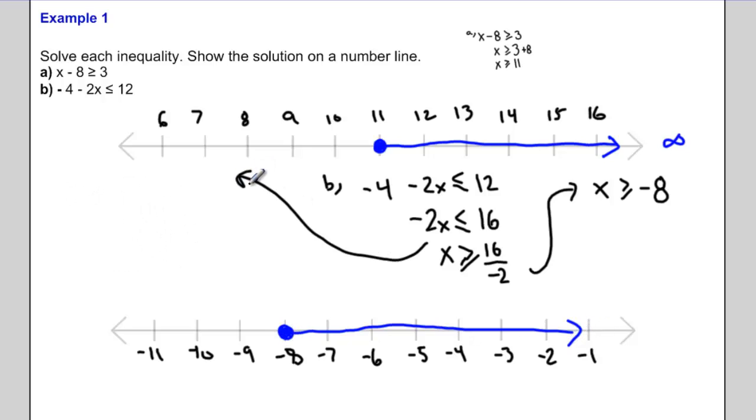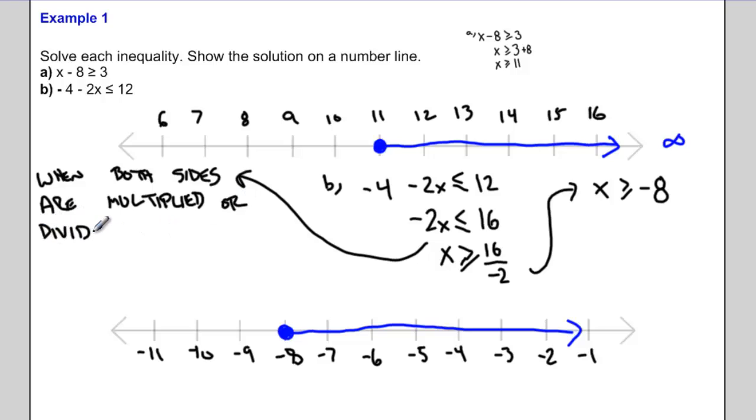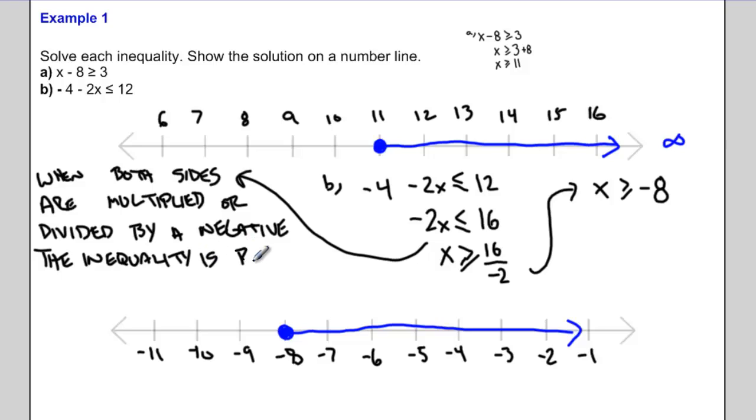Just to summarize that special case, when both sides of the inequality are multiplied or divided by a negative number, the inequality is reversed.